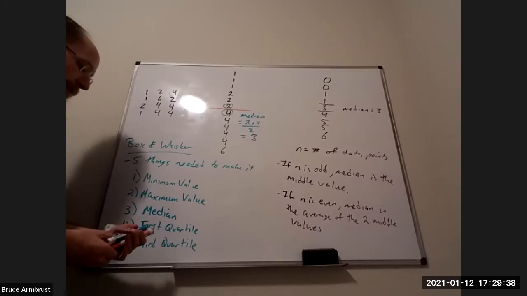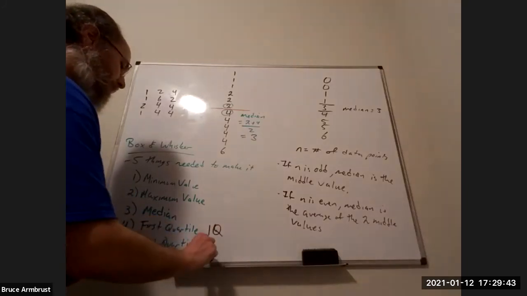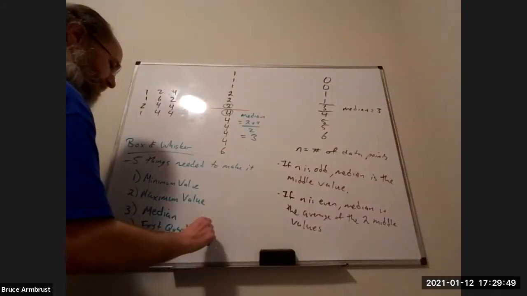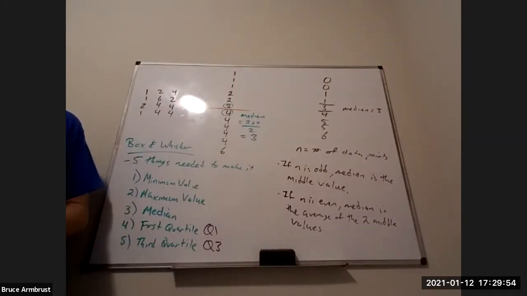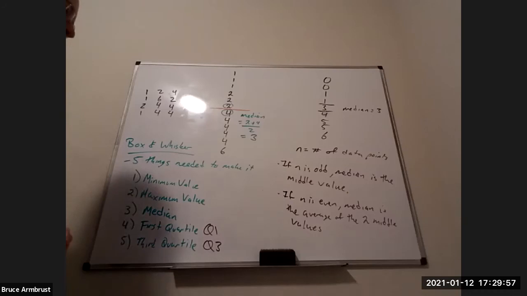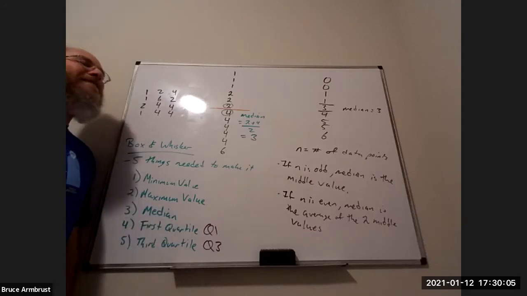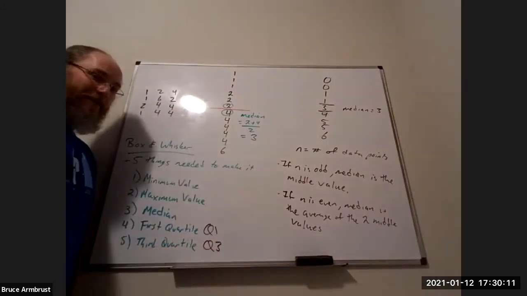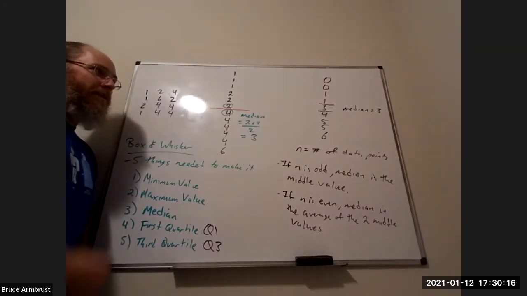Instead, what you'll see when we're talking first quartile and third quartile, you'll see Q1 and Q3. All right, so what are the first quartile and the third quartile? Well, they're the medians of the first half and the second half of the data.